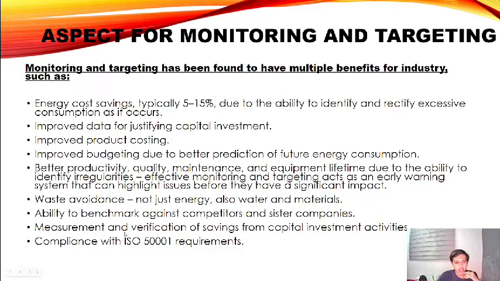Then, measurement and verification of savings from capital investment activities from the company. The last is compliance with ISO 50001 requirements. There's a requirement that we can follow to get more efficient consumption for the company.